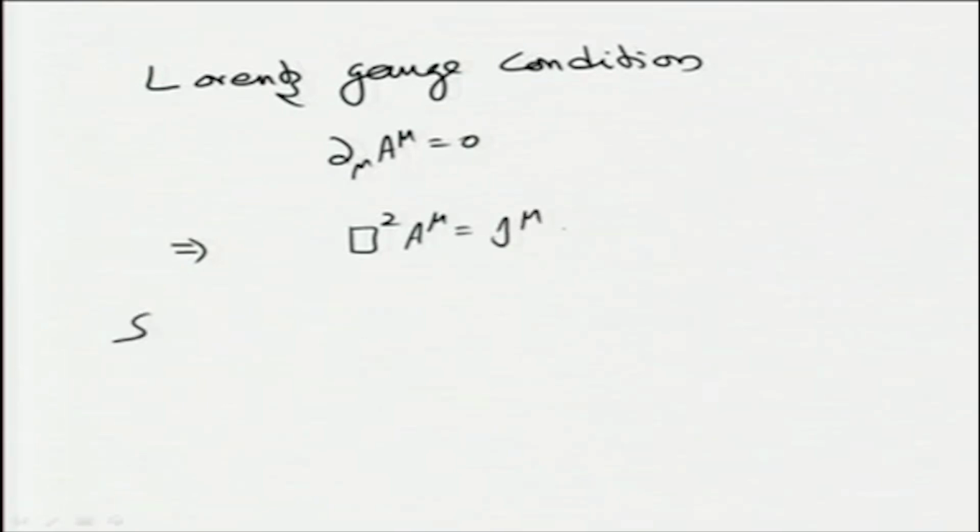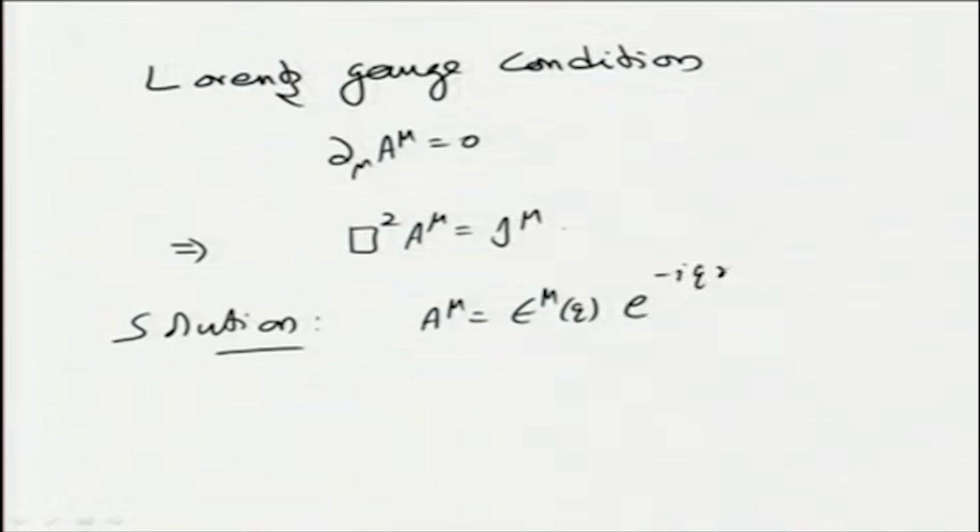Then we considered the solutions, A mu equal to epsilon mu q exponential minus i q x for J equal to 0 case, which is then interpreted as representing the free photon without any charge density or current density in the region. Isolated electromagnetic wave freely propagating, in the quantum picture equivalent to a photon represented by A mu.